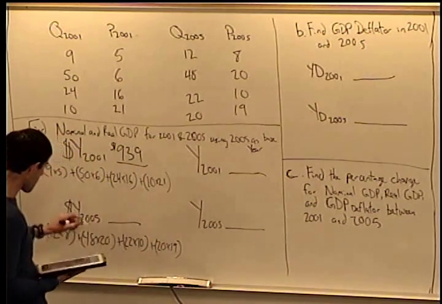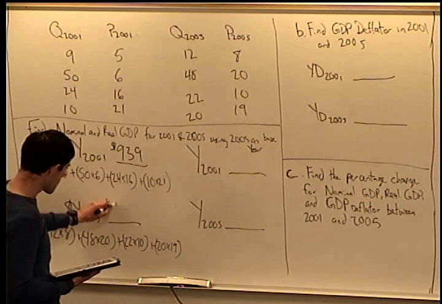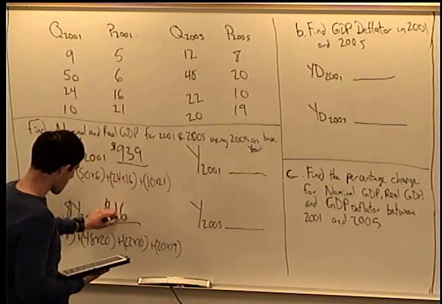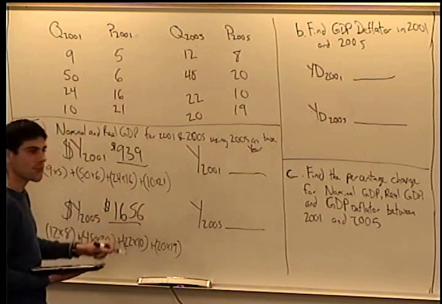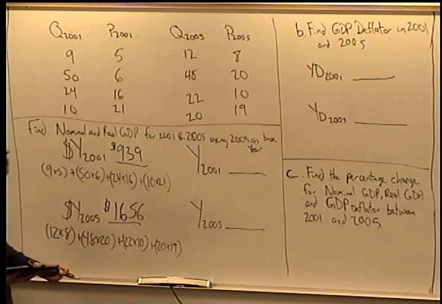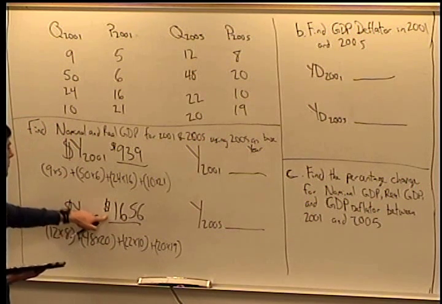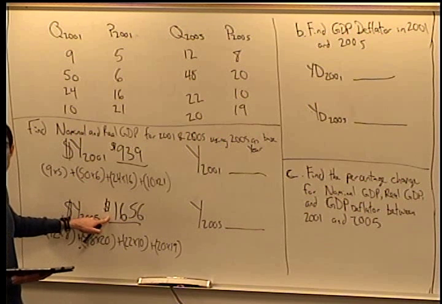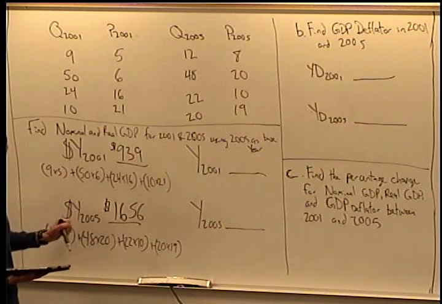And if you solve that, you should come up with $1,656. So using values of 2005, we produced $1,656 worth of stuff in 2005.